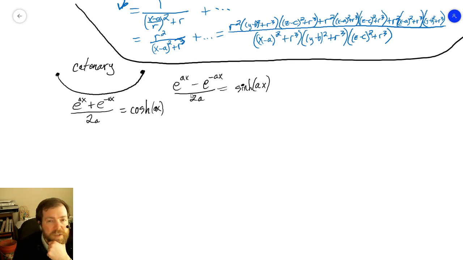So you'll notice if you take the derivative of either one of them, the negative from the e to the negative a is going to come down. It's also going to mess up the a's because you're going to have a's all over the place. But if you're just looking at e to the x plus e to the negative x over 2, the negative from the e to the negative x is going to pop down, and it becomes a hyperbolic sine.